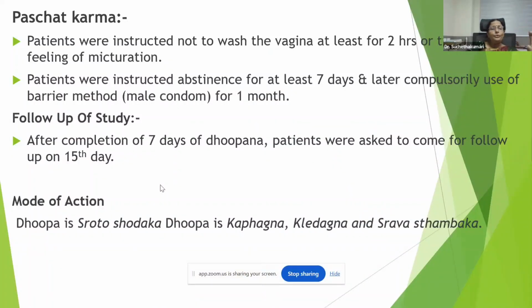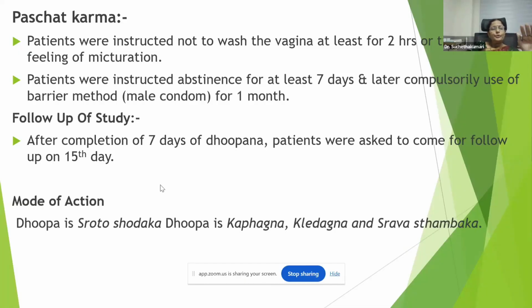How long we have to give the dhupana: till the patient feels the heat. Initially, the patient will not feel the heat. Once the patient tells that she is feeling the heat, then we have to stop the procedure.